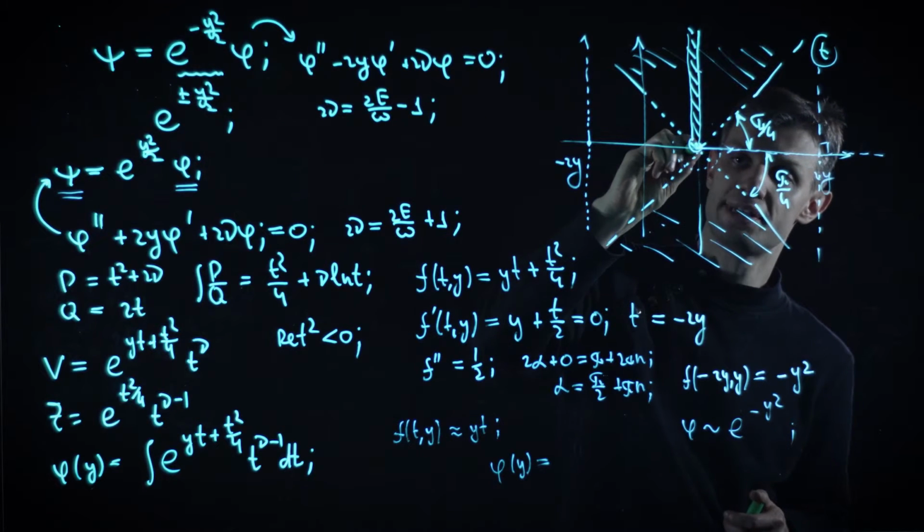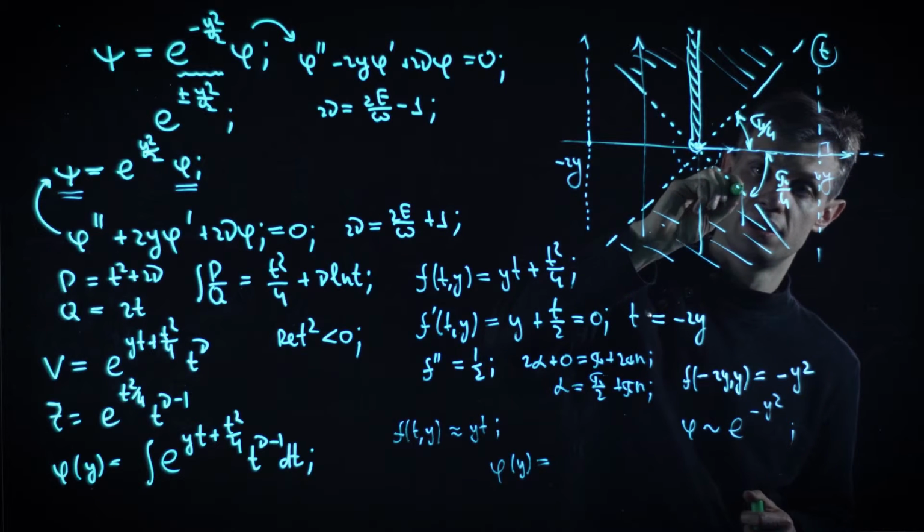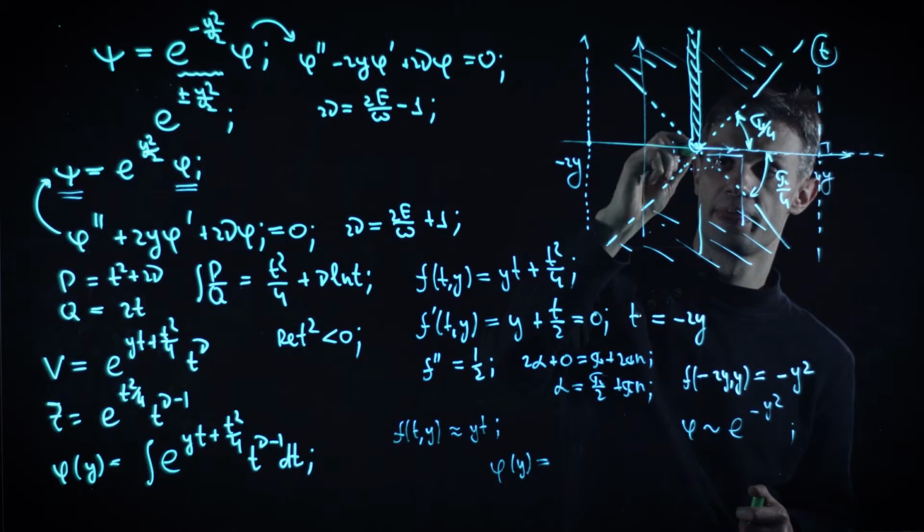The contour hooks up the branch cut, and the correct contour deformation is as follows.